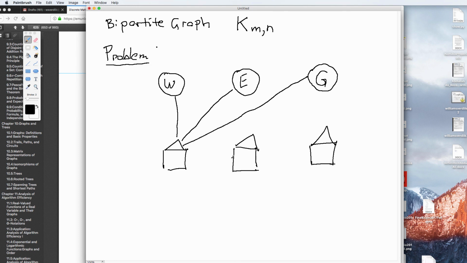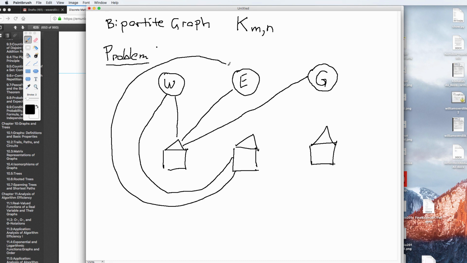Now for this house, I might say, let's come around here, and let's do that. And now for this one, let's come around here, and do that. And now for this one over here, let's come over here and do that. And now for this one, go to the gas company, you come around here to go to the electric company, and I hope you all see that I now have a problem.